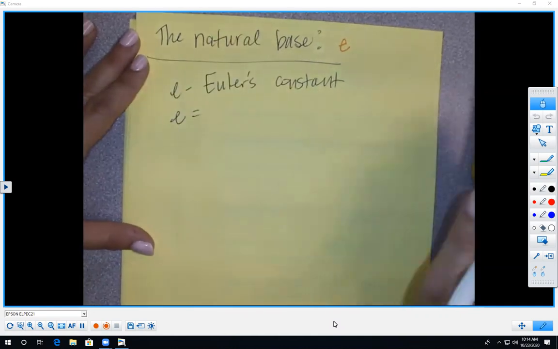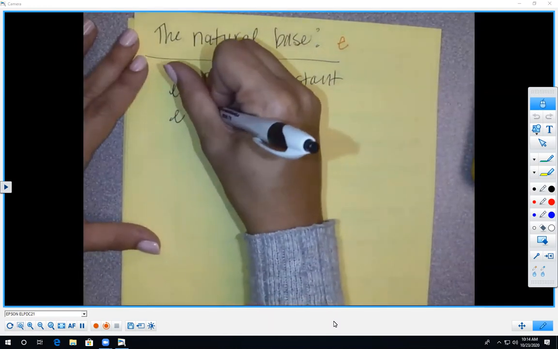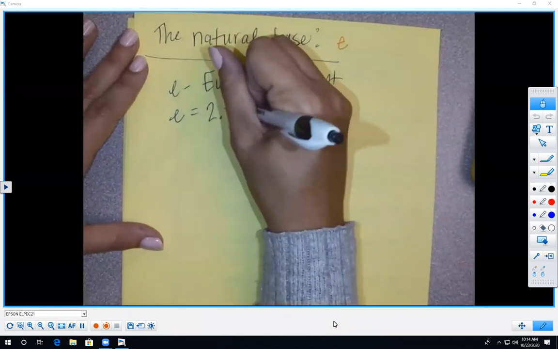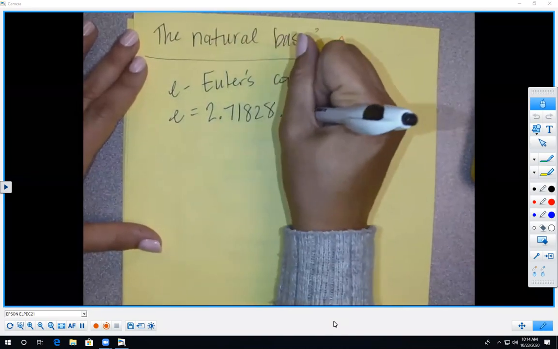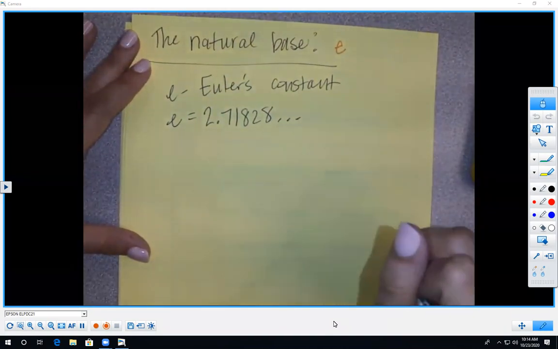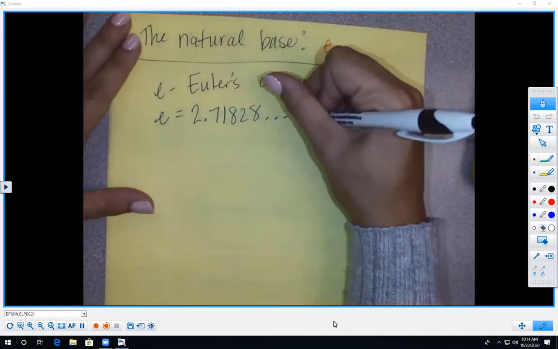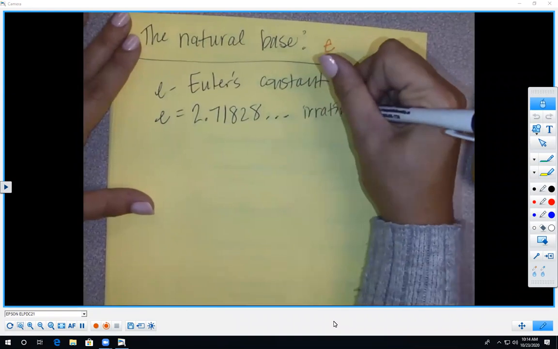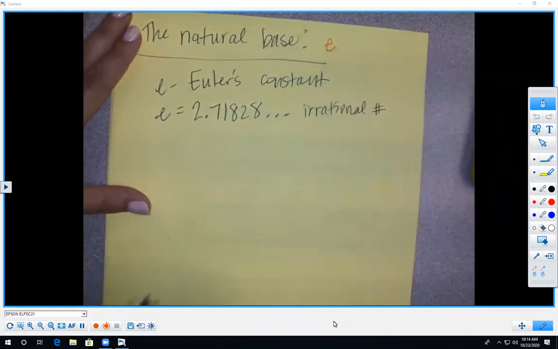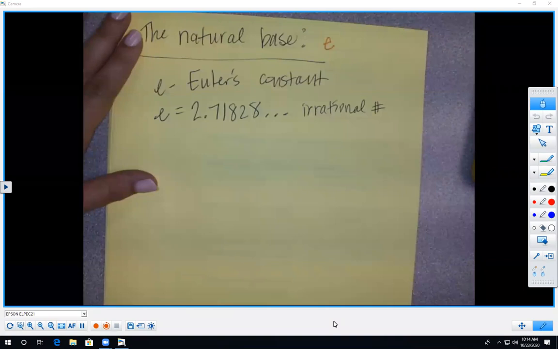e is the number. If you type it on your calculator, I'll show you how to do that in a second. It's 2.71828, and it goes on forever and never ends, never repeats. Okay, it's an irrational number.